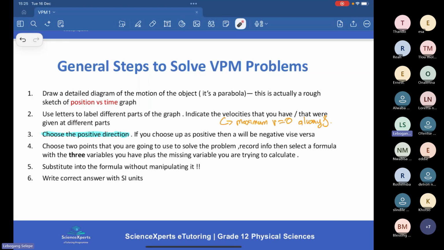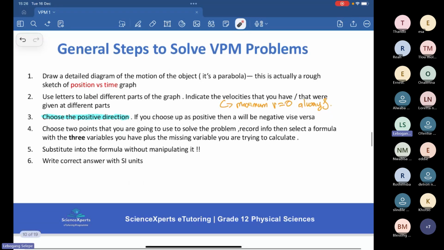So please make it a point that you are very good with your algebraic skills, how to make variables the subject of the formula. Very important. You need to have that skill. Be able to solve quadratic equations, linear equations, exponential equations, because we do all of them here in physics. But you will do that for free, no marks, because that's maths.